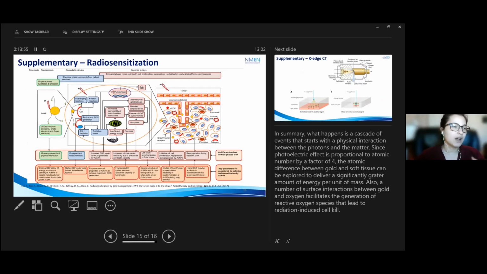Because it has a very high atomic number, the interaction with the photon releases electrons through photoelectric and Compton effects and a lot of other effects. And it actually creates radicals and reactive oxygen species that lead to cell kill. So the cells end up killing themselves because they can't grow and divide properly. Okay.